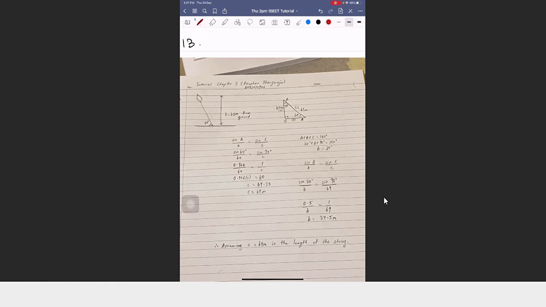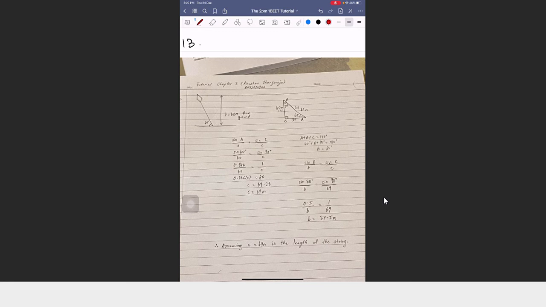The inclination of the string to the ground is 60 degrees. Find the length of the string, assuming that there is no slack in the string. So you want to find the length of the string.